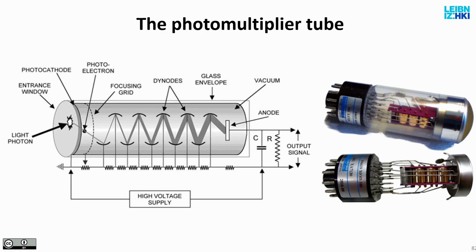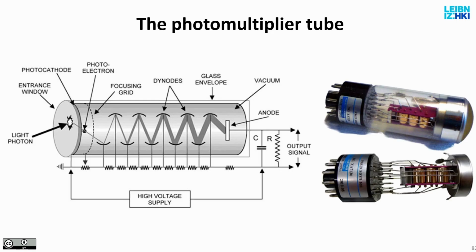Since there is a high potential here, several hundred volts, the electron will accelerate, and when it hits the second diode, it will have so much energy that it will knock out 2 or 3 electrons. These electrons will then see the third diode at a positive potential, so they will rush towards that.